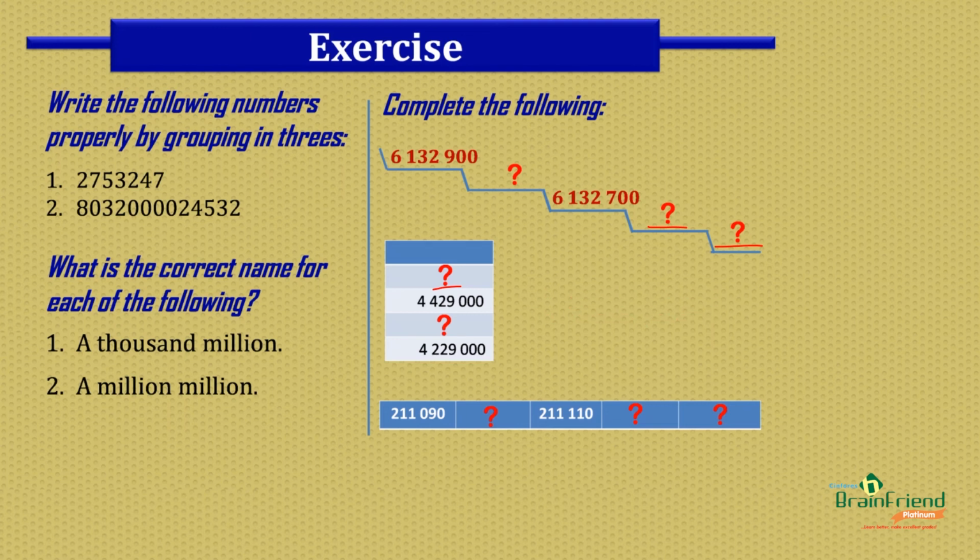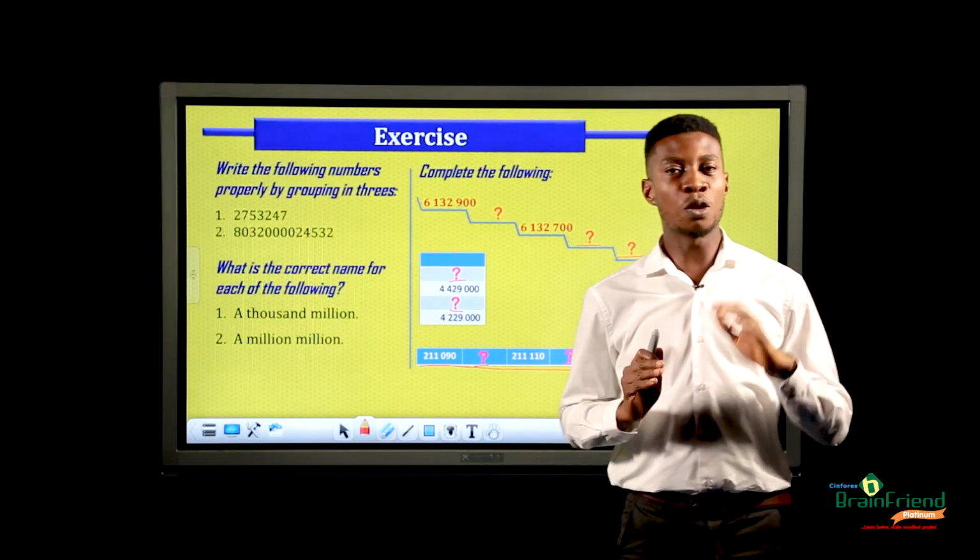And in the place of our second question mark, we have 4,329,000. And lastly, in the last set of numbers, in the place of our first question mark, we have 211,100. And in the place of our second question mark, we have 211,120. And in the place of the third question mark, we have 211,130.